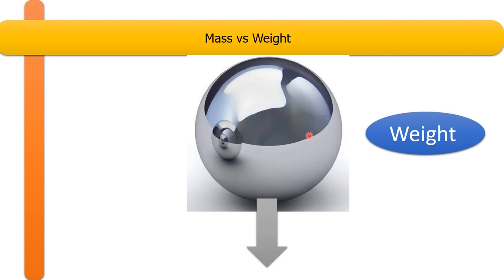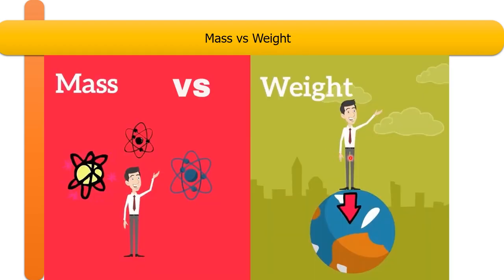This force is created due to the gravity. So the force created due to the gravity of the earth is the weight. So your weight is the force that pulls you downward to the earth.